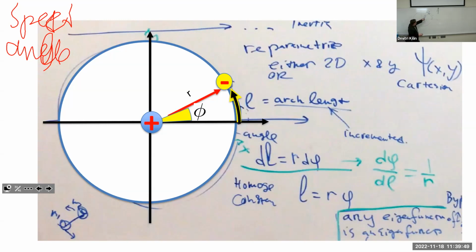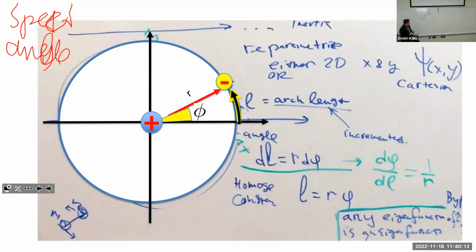So on one hand, we can use the momentum to describe it. On the other hand, since it is constrained, we can use arc length as an increment. So what is arc length? It equals r phi, right? If it is a full cycle, then it is 2 pi r.